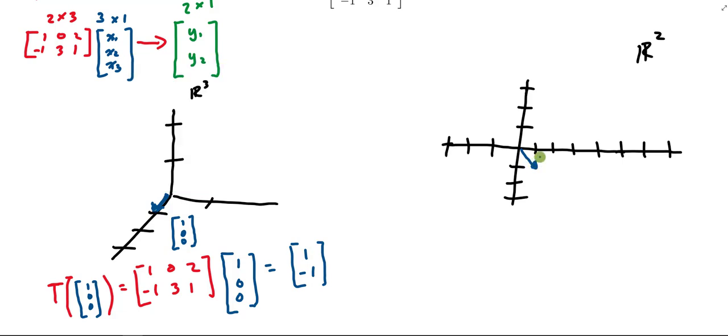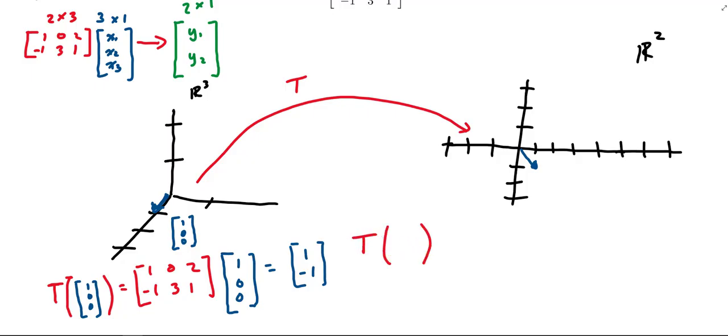So you could imagine this function, this linear transformation T, as taking this vector right here and morphing it into 2 space based on this 2 by 3 matrix. And we could keep going. We could take T of our other basis vectors. Let's do that.